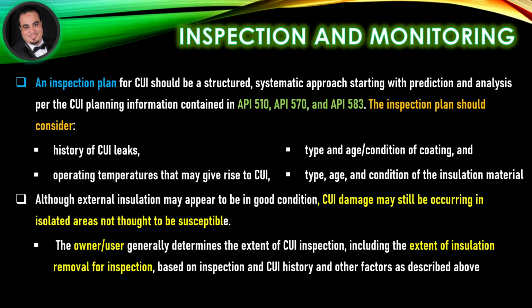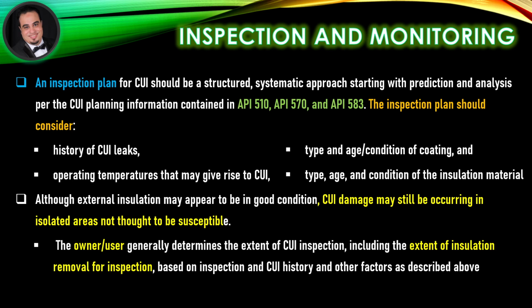The inspection plan should consider history of CUI leaks, operating temperatures that may give rise to corrosion under insulation, type and age condition of coating, and type, age, and condition of the insulation material.